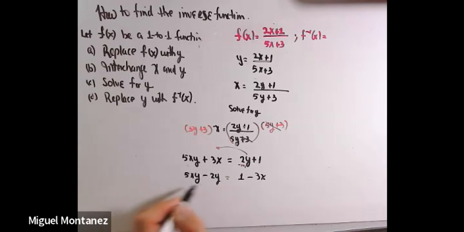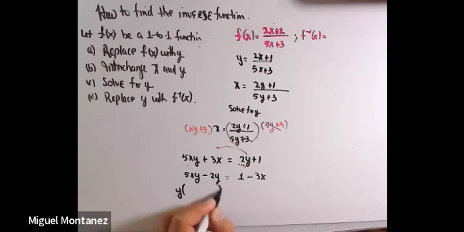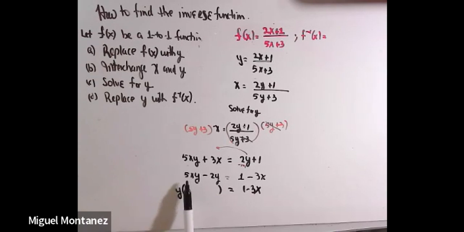Why do we do that? Why do I want to have all the terms that contain y on one side of the equation? Because now I can factor the y. If I were to factor the y, so what do I have here? 5x minus 2. First, I put all the terms that contain y on one side of the equation, and then I factor out the y. 5xy, so the y goes out, so that would be 5x, minus 2y, the y goes out, so it will be minus 2.